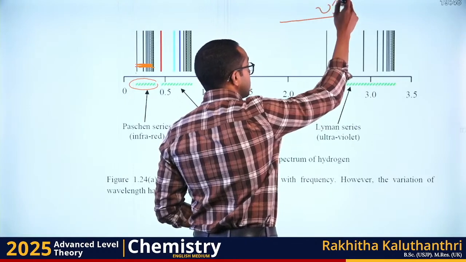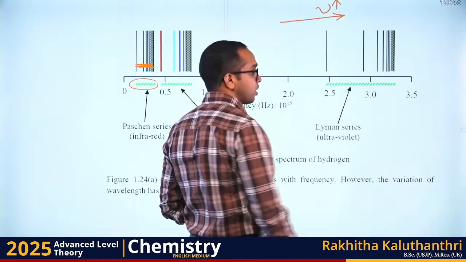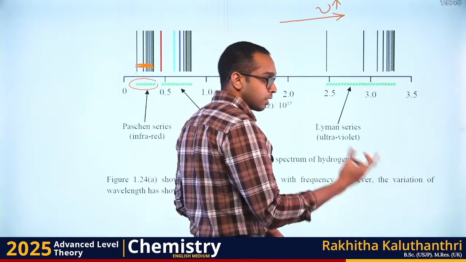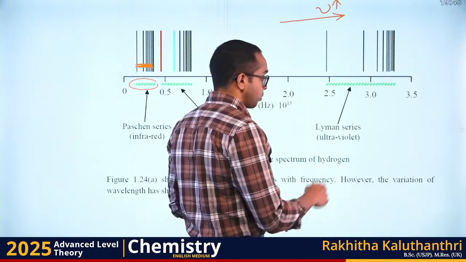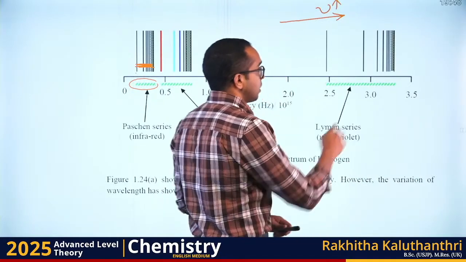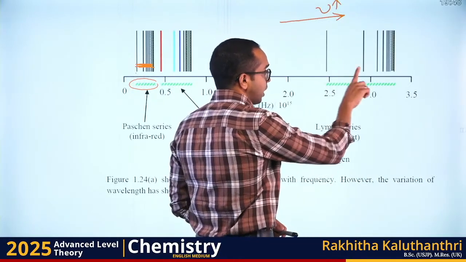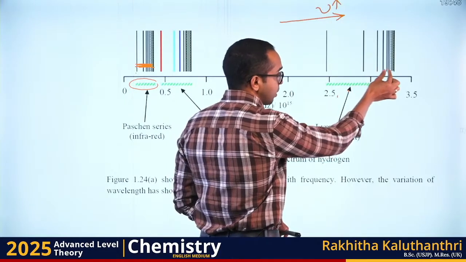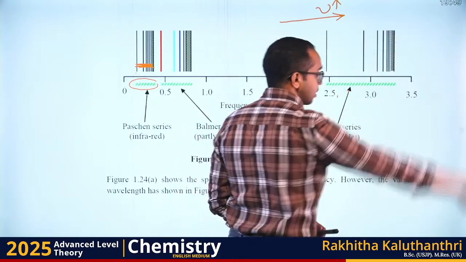So the frequency is increasing in this direction. You can very clearly observe that, and this is something you should keep in mind when it comes to any series. If the gaps between the lines are becoming smaller and smaller, in that direction frequency is increasing.